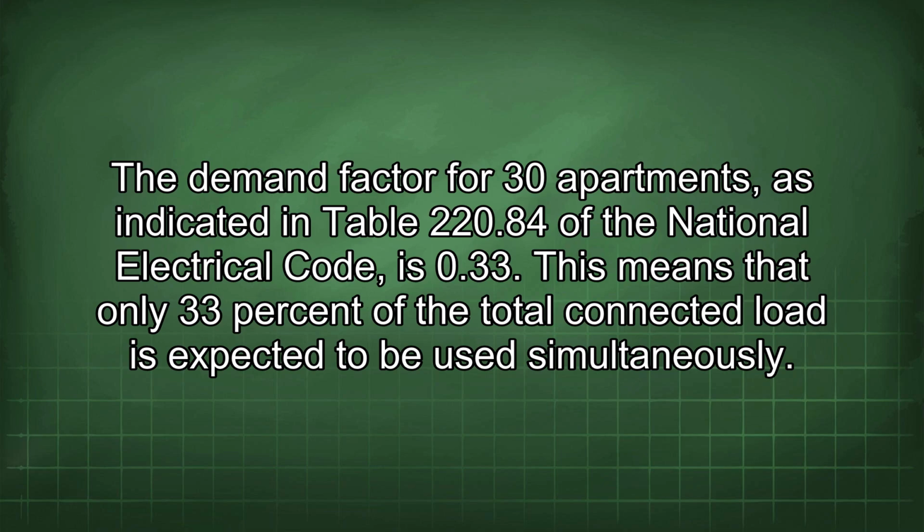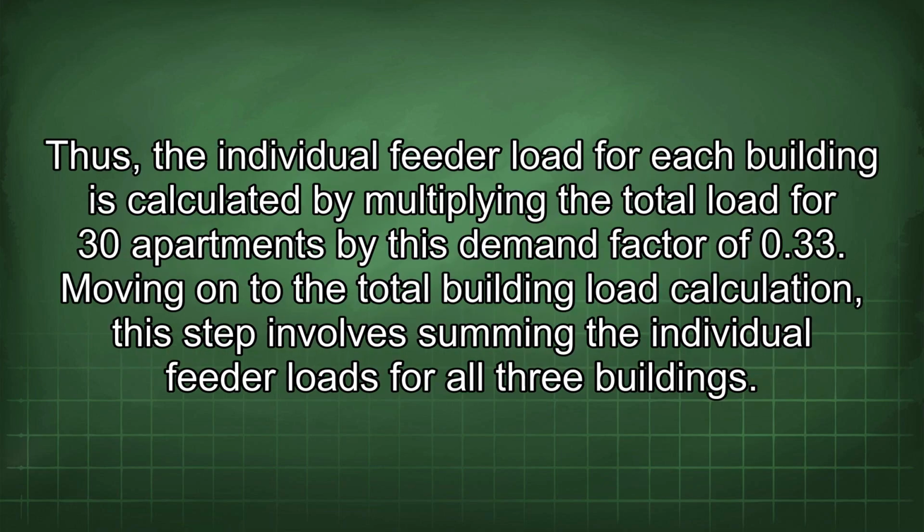This means that only 33% of the total connected load is expected to be used simultaneously. Thus, the individual feeder load for each building is calculated by multiplying the total load for 30 apartments by this demand factor of 0.33.